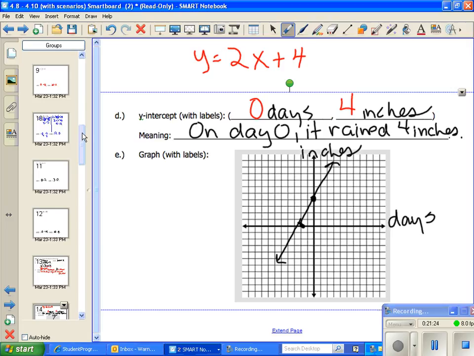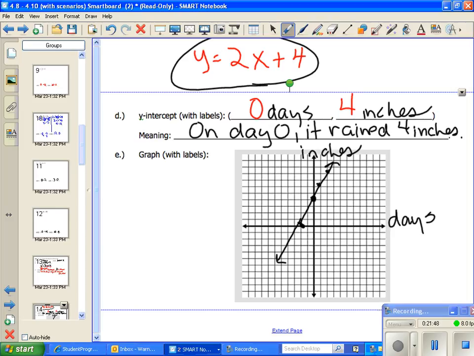The other answer I'm looking for is you could have just used the equation, just how we did on our test. You could have gone up 4, and then like Molly said, gone up 2, right 1, up 2, right 1. Either way that you graph it, using x or y intercepts or the equation, you'll get the same line. Okay, makes sense?